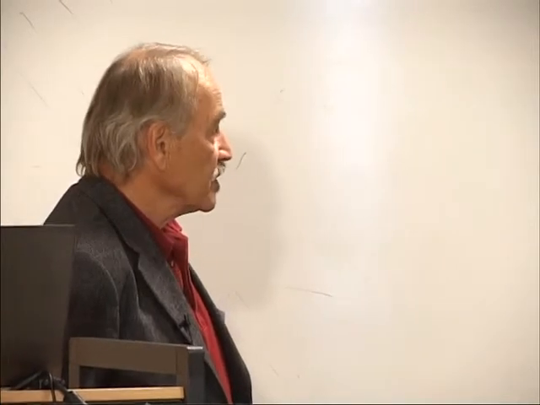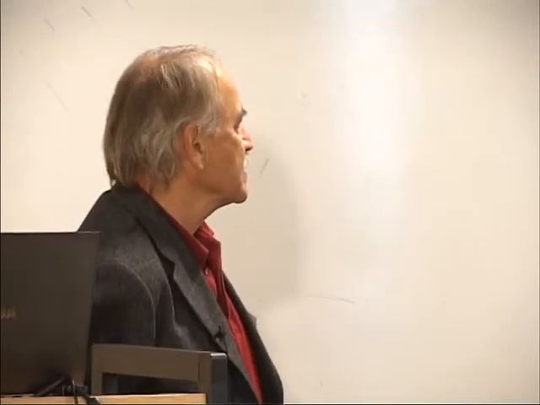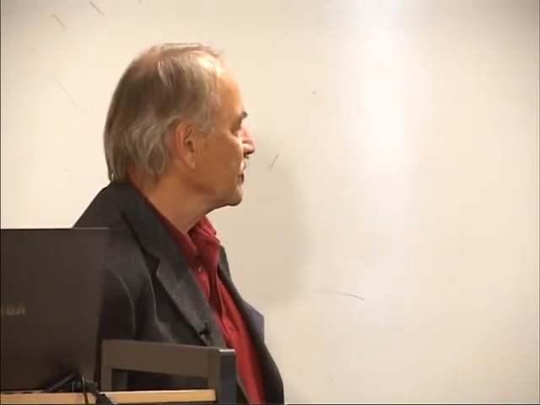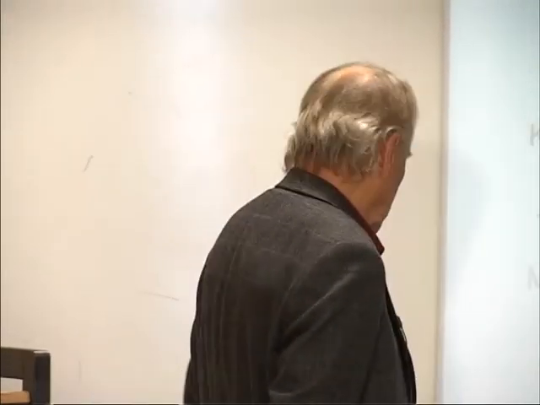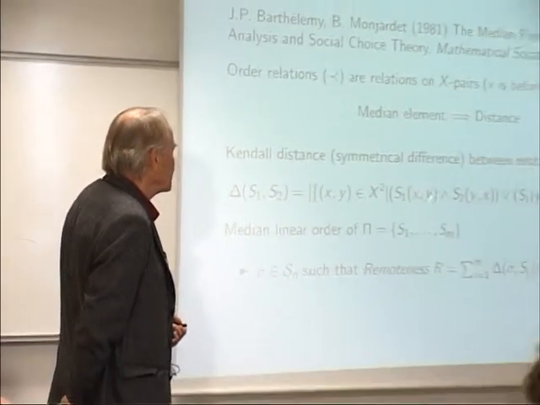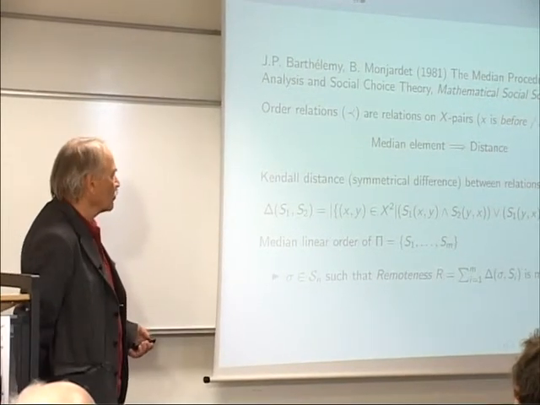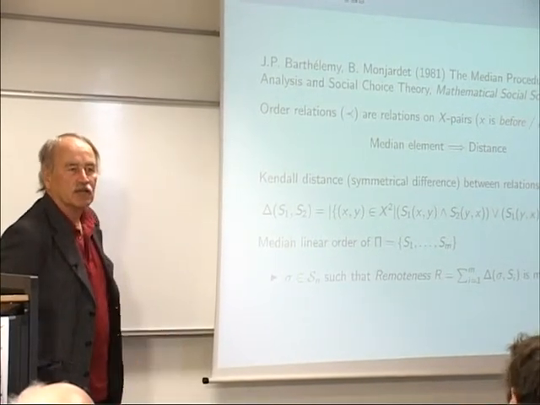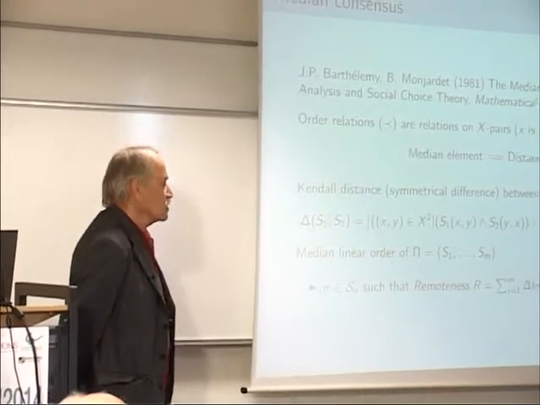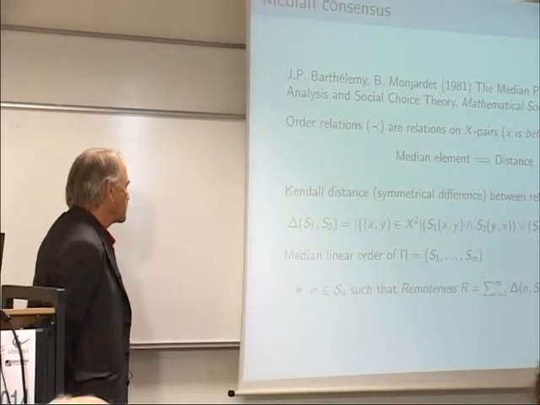And a median element needs to be computed with a distance, and the distance used is the Kendall distance, the symmetrical difference between two relations, when you count the number of disagreements between the relations. That is the number of pairs for which X is before Y in S1 and in S2 Y is before X, or conversely, Y is before X in S1 and X is before Y in S2. And so it's the disagreement between these two relations.